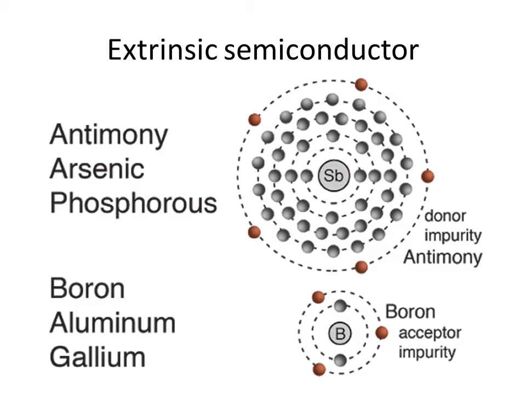For example, if you want to make an n-type semiconductor, which has excess electrons, the impurity atoms you use should have an extra electron beyond what is required to complete the octet.